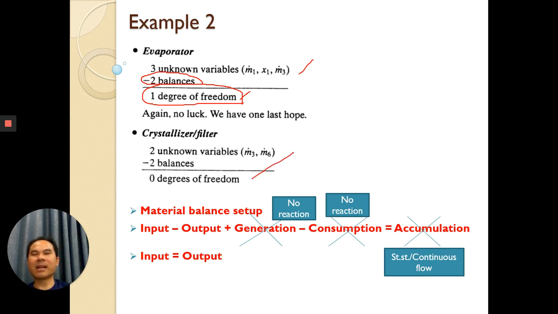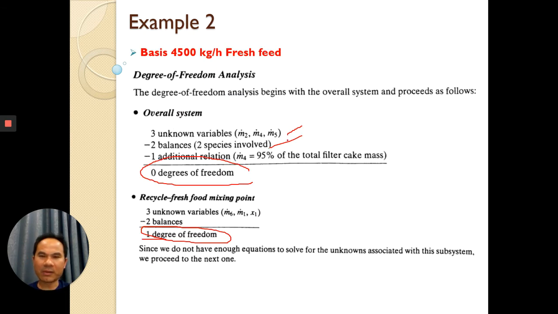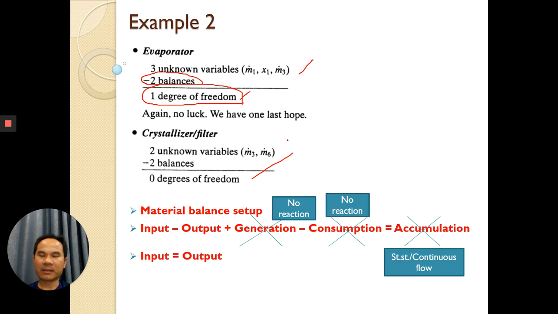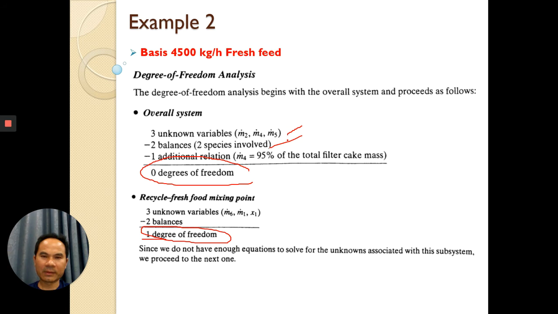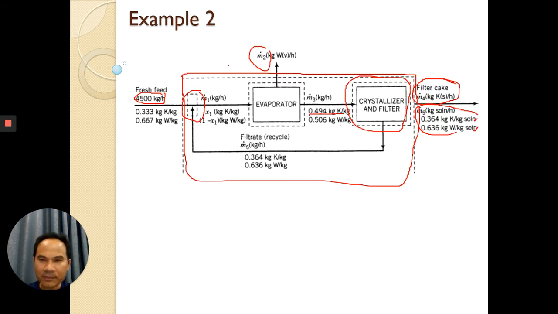Now in conclusion, the first step, you do the overall balance with 2 balances, and you know M2, M4, M5. Next you balance on the crystallizer, and you know M3, M6. Then because you know M3 and M6, you can solve for M1 and X1.